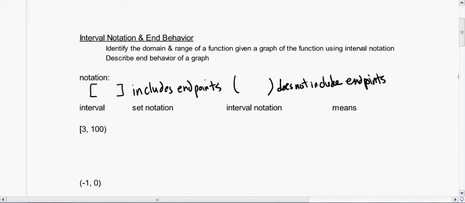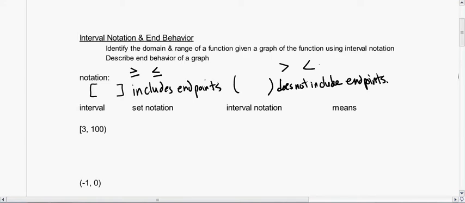And then there's something called set notation, which I'll talk about in a minute. So in interval notation, if you are using brackets, it's kind of like greater than or equal to, or less than or equal to. So the brackets correspond to greater than or equal to, less than or equal to, and the parentheses correspond to just the greater than or the less than when you're not including the specific values that you're referring to.